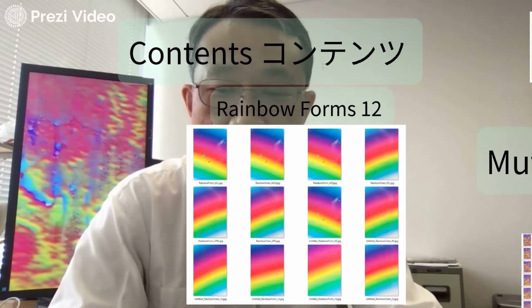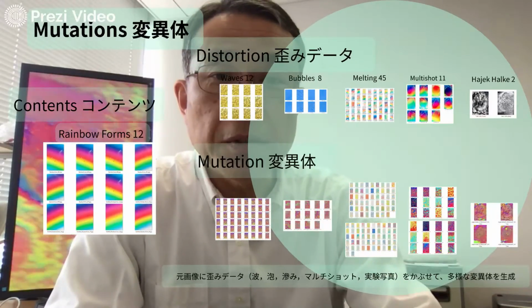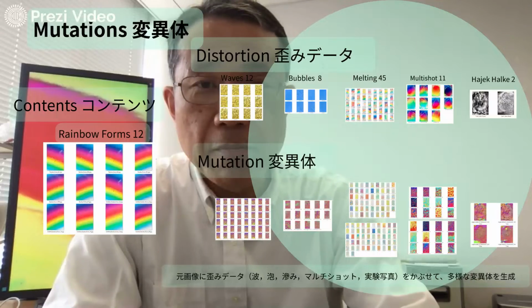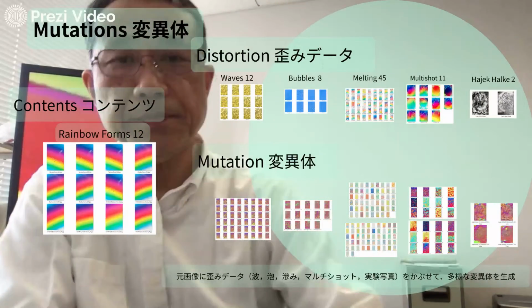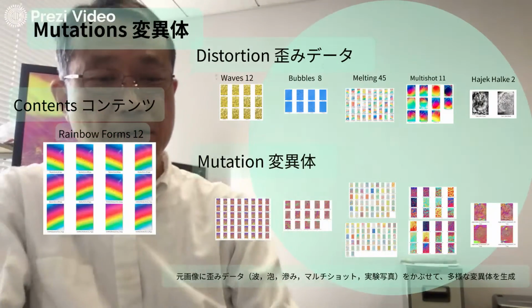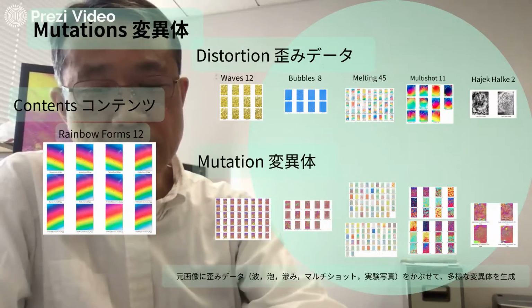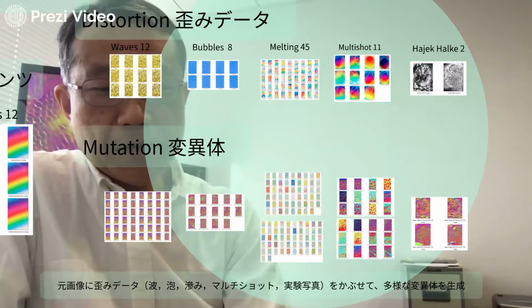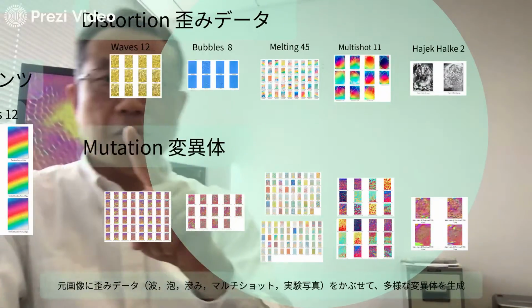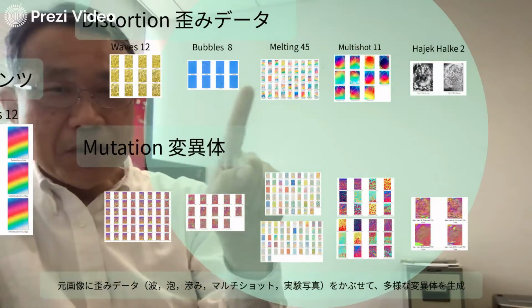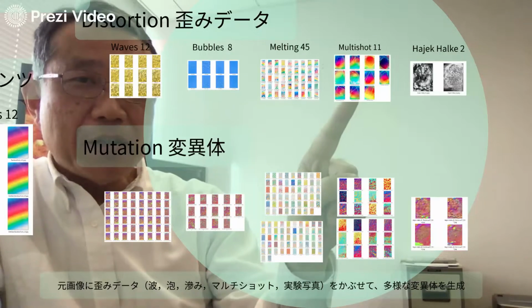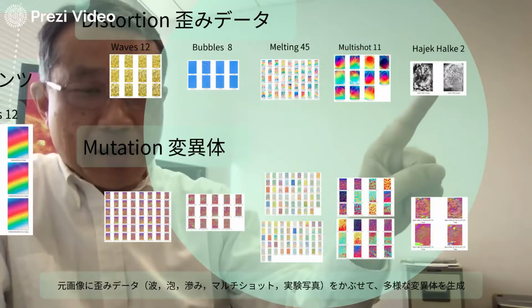And so, next, various distortions are applied to rainbow forms. As a result, various mutations are generated. Here you see 5 distortions: waves, bubbles, meltings, multi-shot, Hijack Hercule.